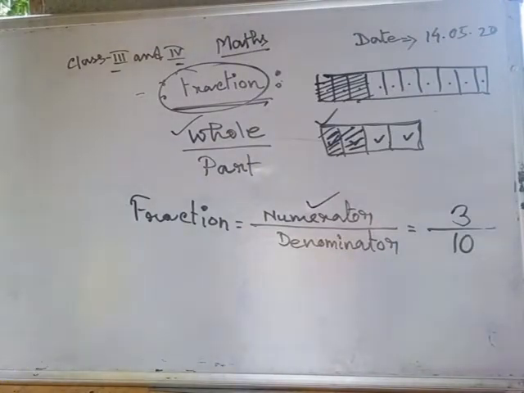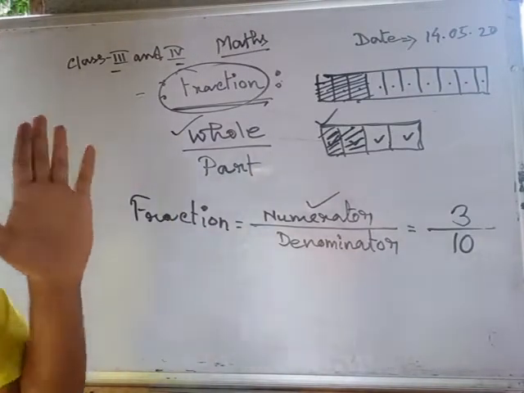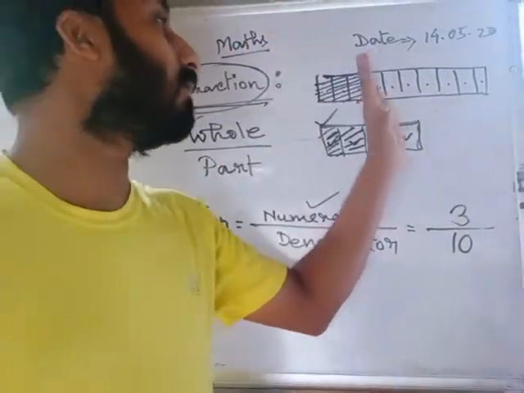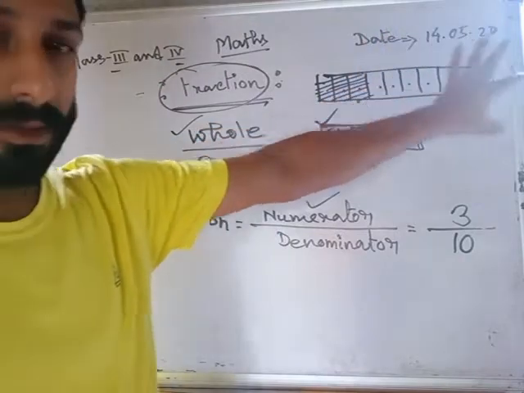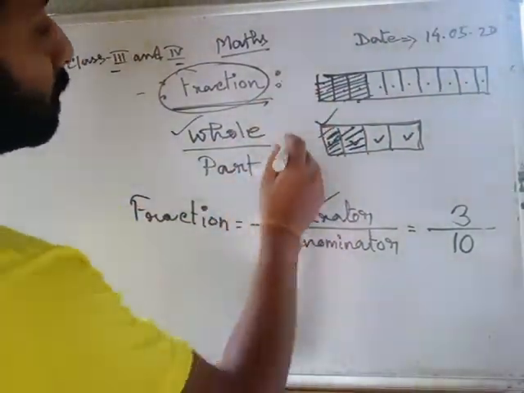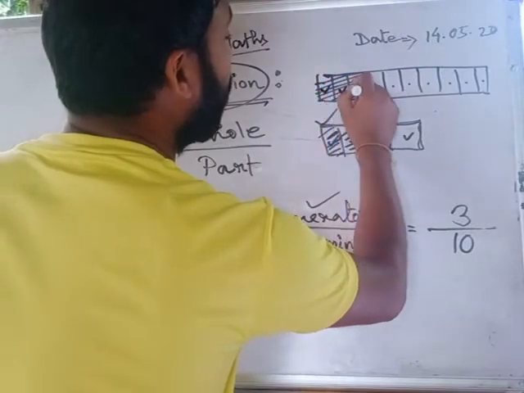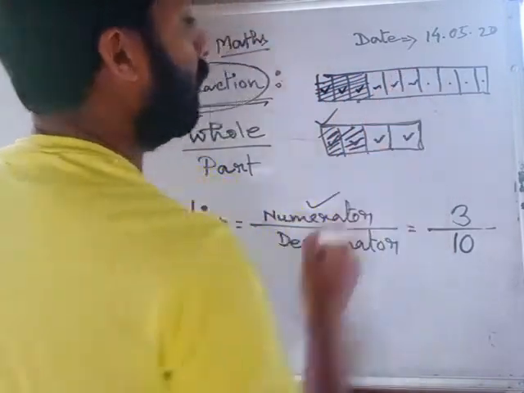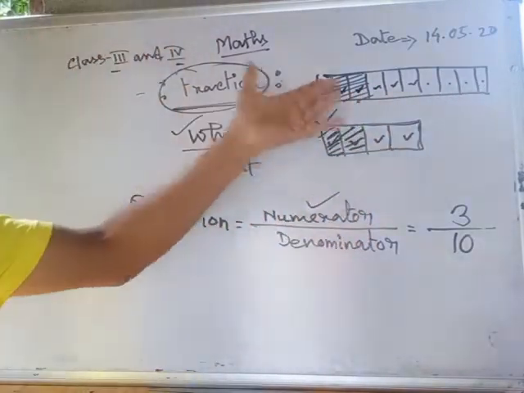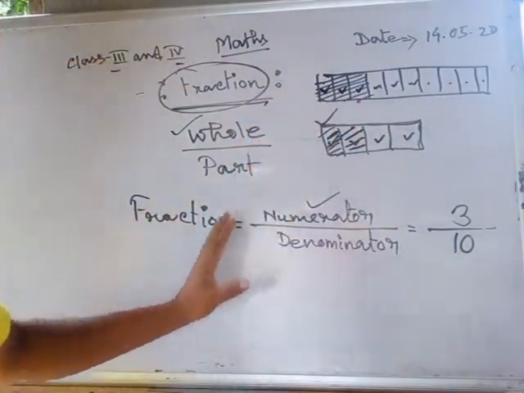Okay, I will tell you again: fraction is a part of whole, and each and every portion is equal. Mind it, each and every portion is equal in the fraction.